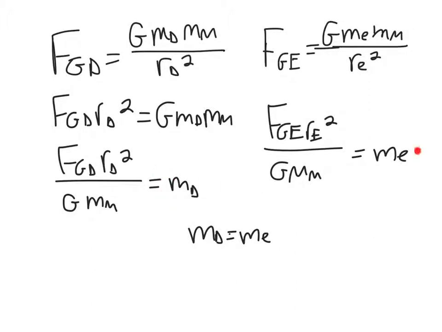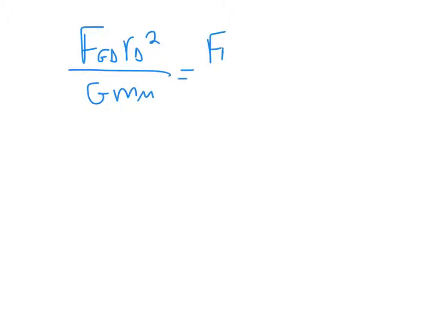Because MD equals ME, we can set this equal to this. So we get Fg for the Discover times the radius of the Discover squared over G times the mass of Mars equals Fg for the Explorer, radius of the Explorer squared, divided by G times mass of Mars.